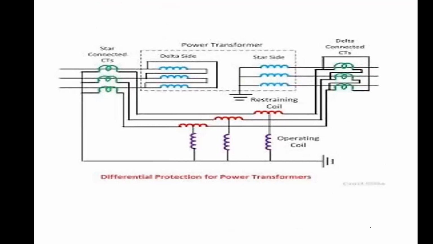You can see the power transformer here, it is delta connected, secondary side it is star connected. So the CTs that we are connecting to implement this differential scheme: primary side CTs are star connected, and secondary side CTs are delta connected.